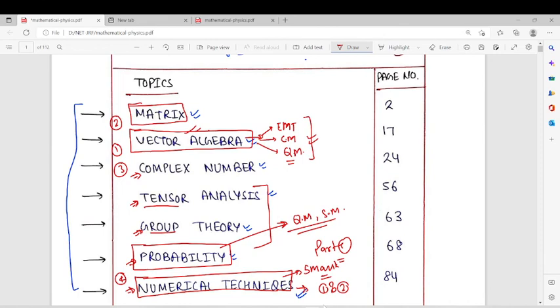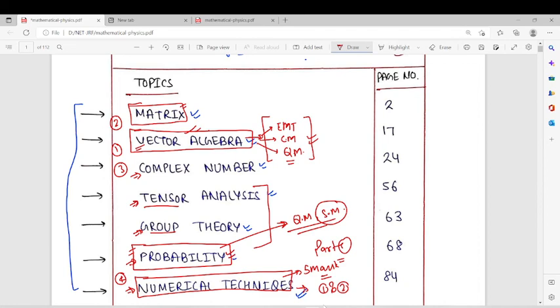As I think, the most important units are vector algebra, probability, and matrix. If these three topics are very strong, then you will be strong in your physics part, like EMT, classical mechanics, quantum mechanics, and statistical mechanics.